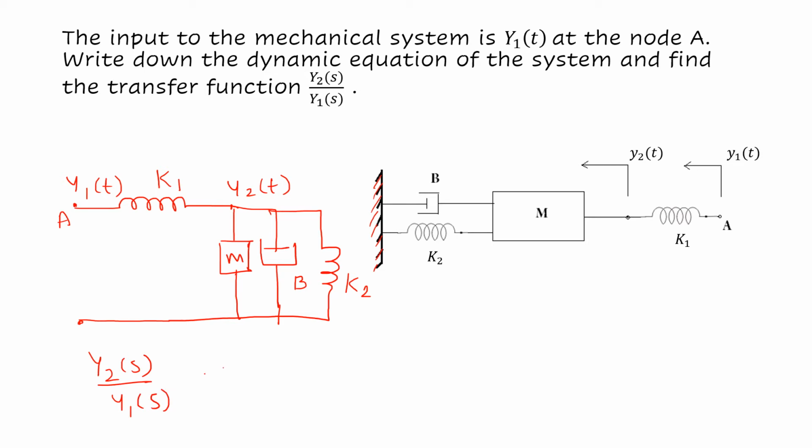Now we are supposed to find what is y2 of s by y1 of s. So for that we write down the differential equation, which is nothing but the force balance equation. So the applied force is equal to the opposing force.